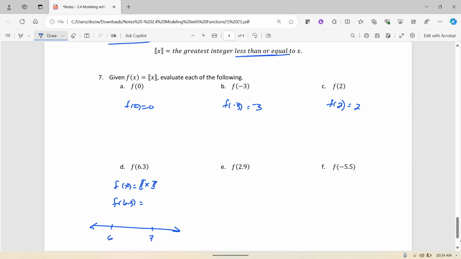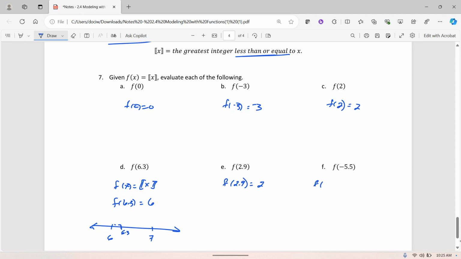Those are integers. 6.3 is in between. If I move to the left, what's the greatest integer less than 6.3? It would be 6. What's the greatest integer less than or equal to 2.9? That would be 2. Notice though, I'm not just dropping the decimal. I'm rounding down. I'm moving to the left on the number line to the next integer less than that value.